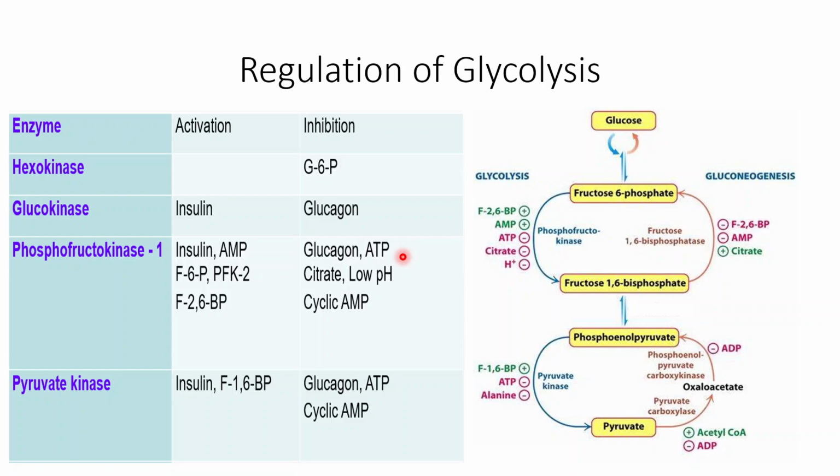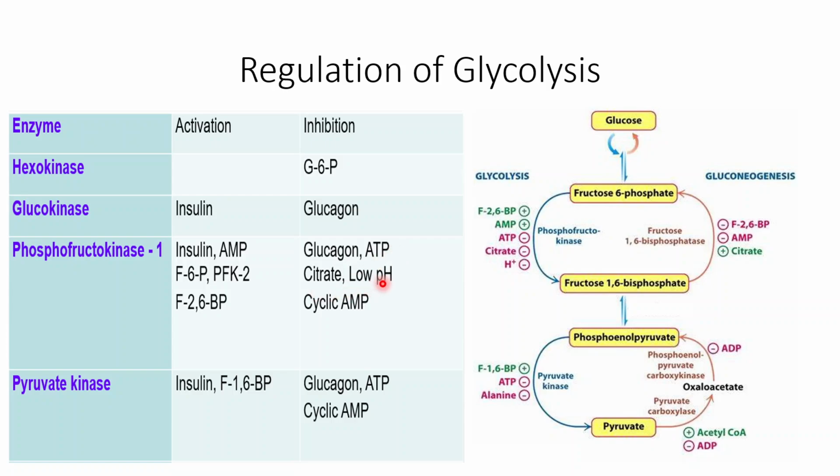The phosphate group is coming from the ATP. So here ATP is acting as a substrate, but this occurs at low concentration of ATP. At high concentration, the ATP is going to inhibit phosphofructokinase 1. And how does it do that? It does so by allosterically inhibiting the enzyme.